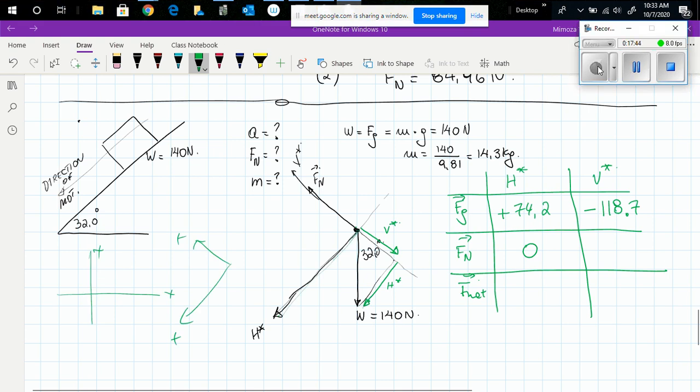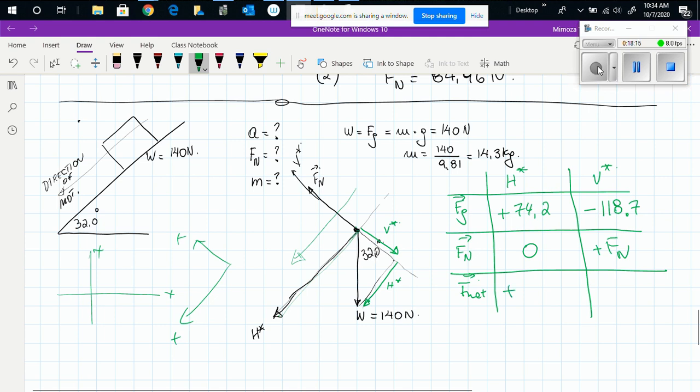And then force normal in the vertical axis is the same as the force normal, and it's positive because it's going in the same direction as the positive new vertical axis. Now the object is moving along, as you see here, we are assuming that the object is moving along the new horizontal axis that we assign.